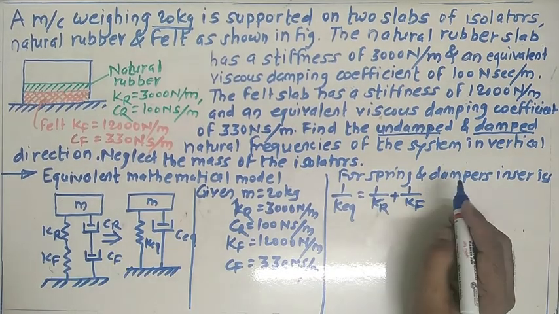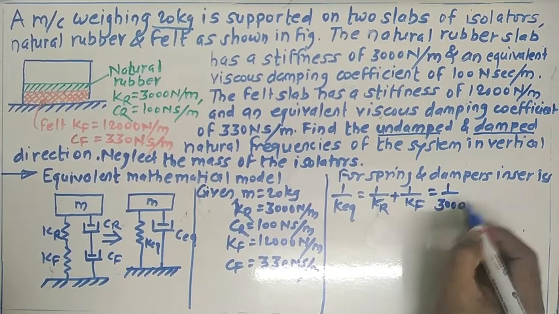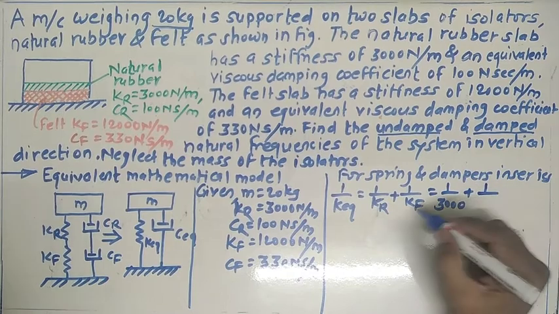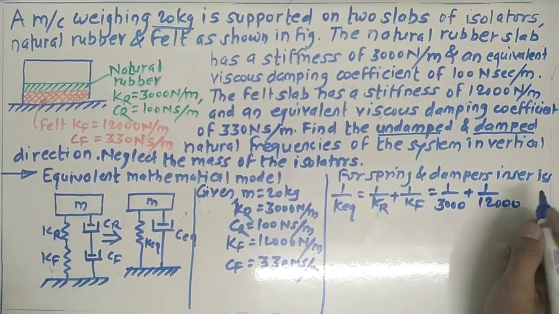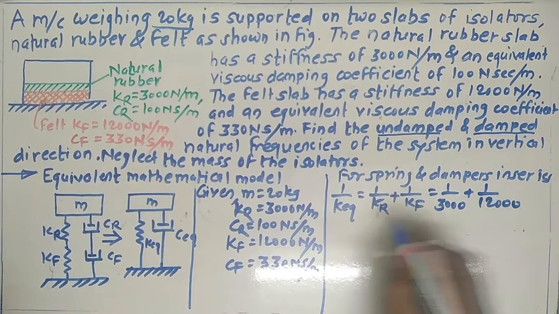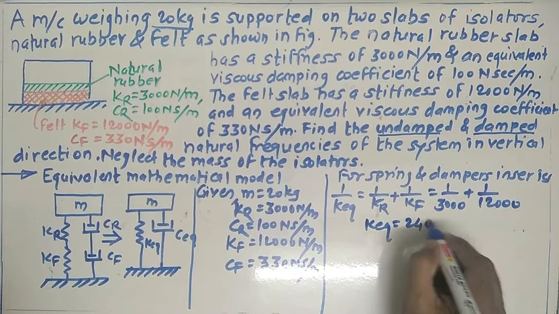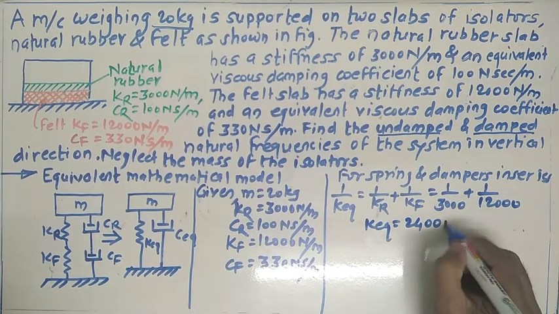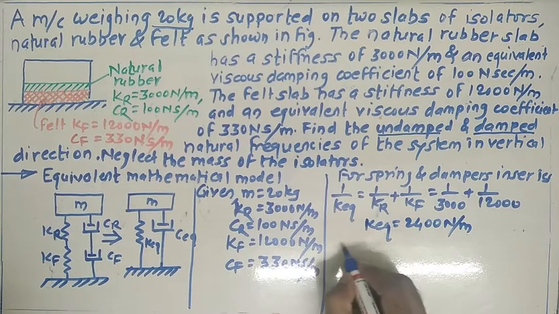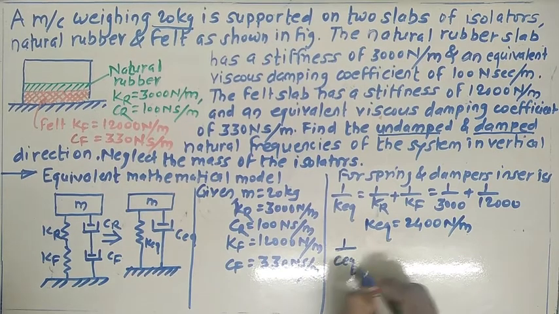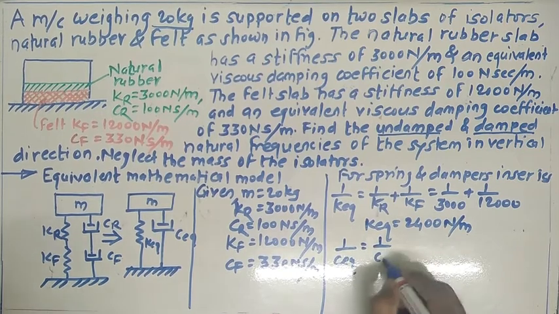The values are already with us, so just substitute: kr is 3000 and kf is 12000. After solving this, you get k equivalent equals 124 newton per meter.